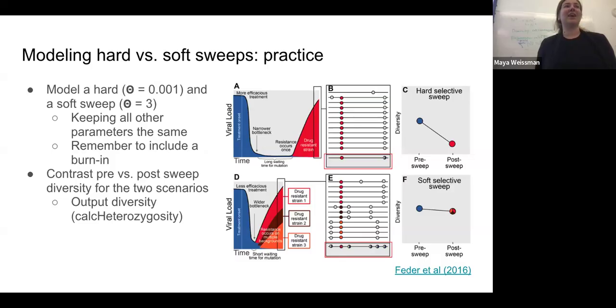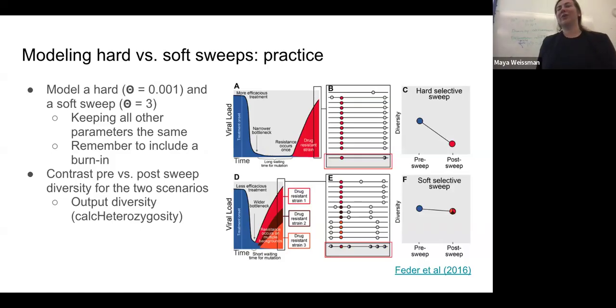In fact, the probability of establishment of a beneficial mutation just needs to be greater than, for a population size of 10 to the 4th, 10 to the negative 4th. So we're talking about very small probabilities that things actually fix.